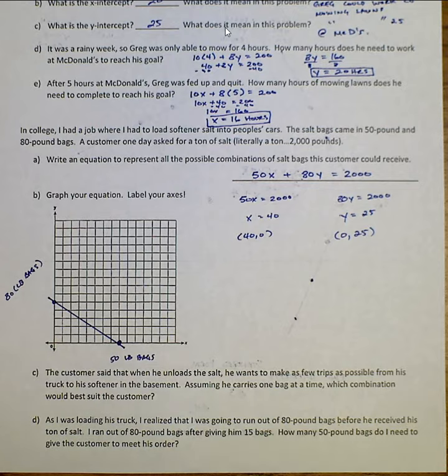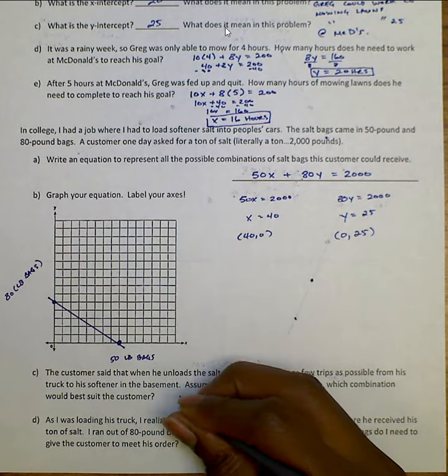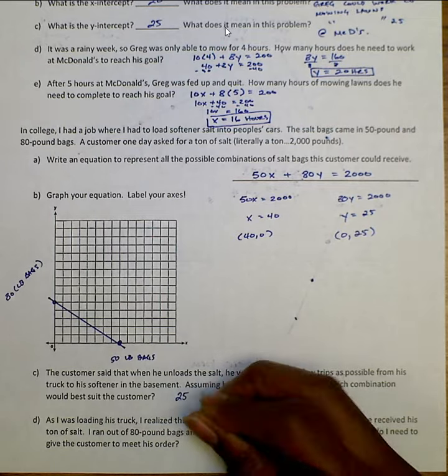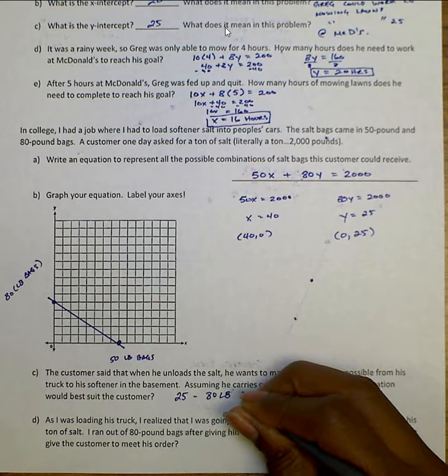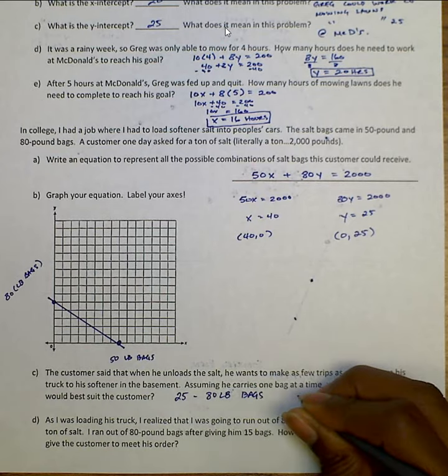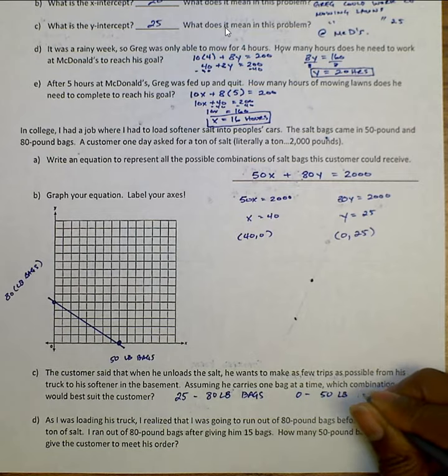And so the fewest trips possible would mean that he would want 25 80-pound bags and 0 50-pound bags. That would be the best combination for him.